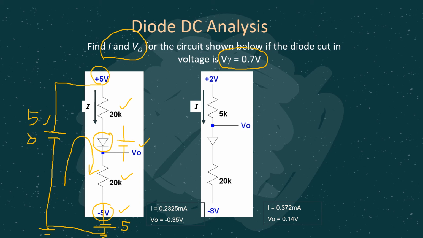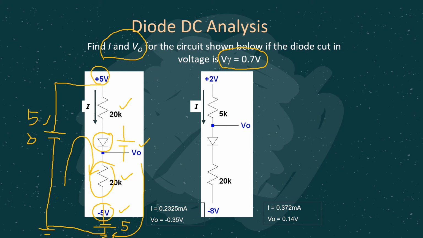Okay, then for the V naught, as you can see here, V naught is the output voltage where it is connected to this node, and the other node is connected to ground. Meaning the V naught here is actually the summation of this voltage plus this voltage.